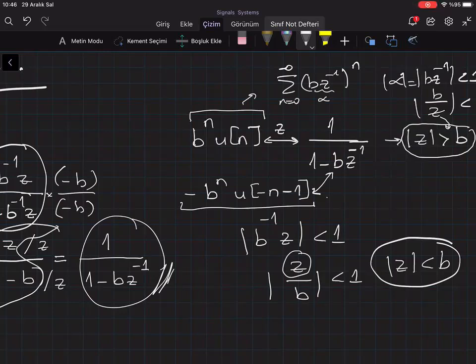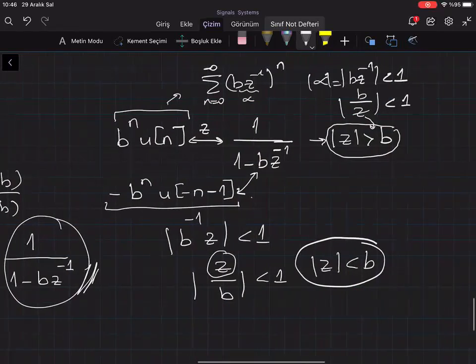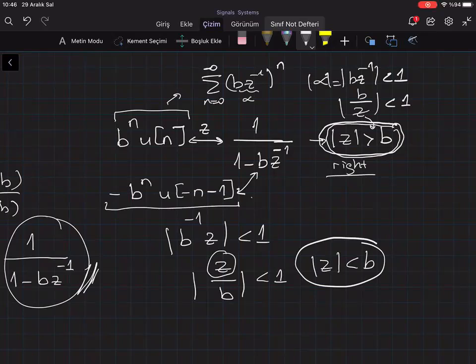So if I'm working with right-sided sequences, then my region of convergence will be absolute z greater than b. If I'm working with a left-sided sequence, then my ROC will be absolute z less than b.